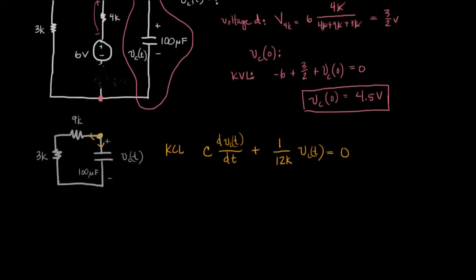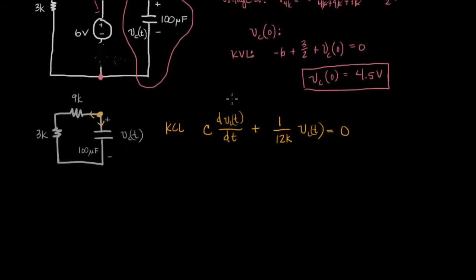Okay, now let's start plugging in some values. It's easiest when you're dealing with these capacitors to try and write them in terms of whatever term you're using for the resistors. For instance, these are in kiloohms, so I'm going to try and rewrite the microfarad in terms of kilofarads.